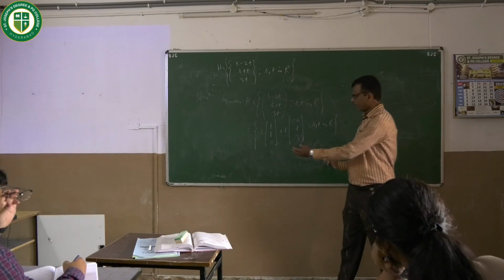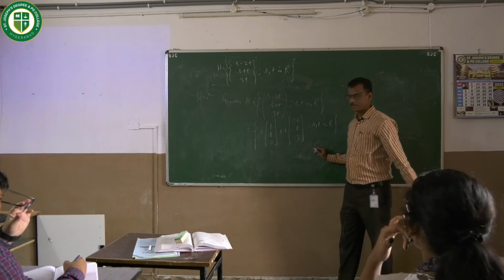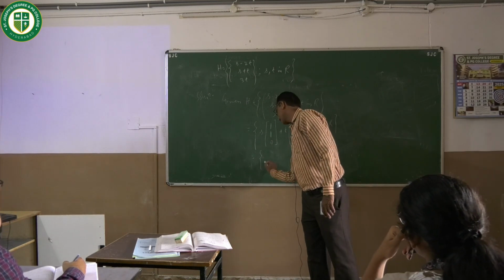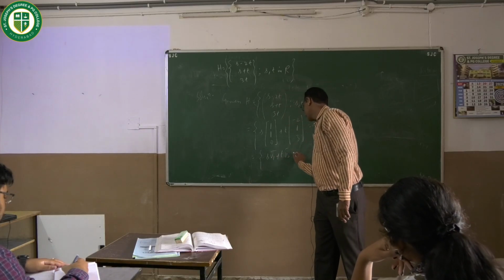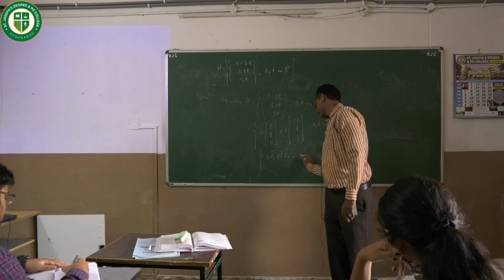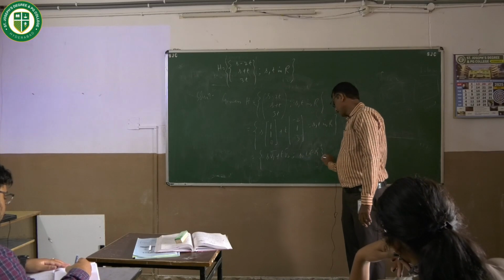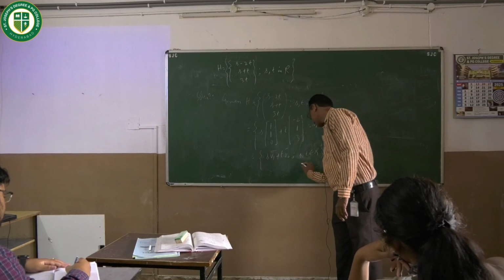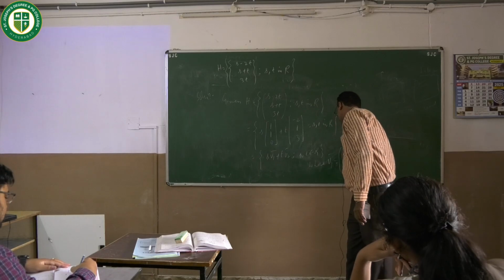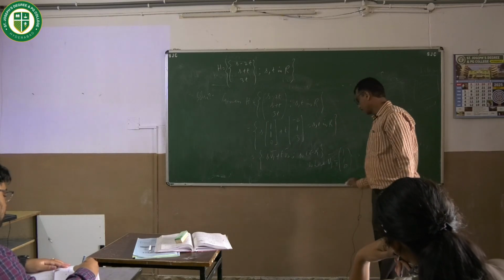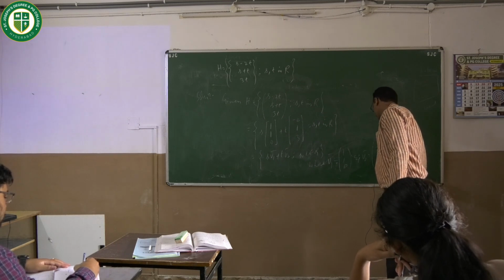So now what do you write in this? s into V1 bar plus t into V2 bar. That is the set of s V1 bar plus t V2 bar, such that s, t belong to real numbers, where V1 bar is the vector (1, 1, 0) and V2 bar is the vector (minus 2, 1, 3).